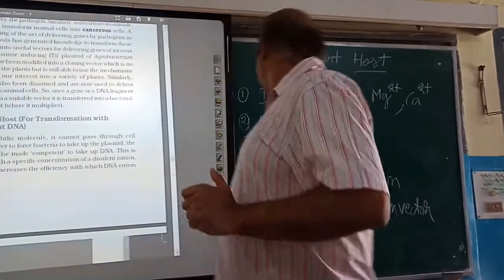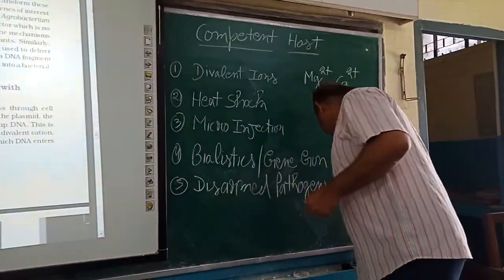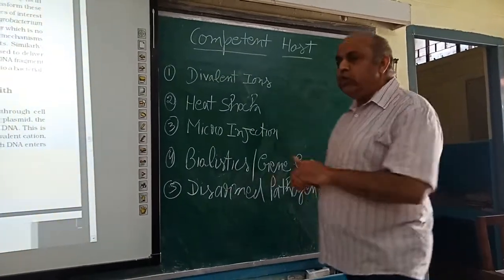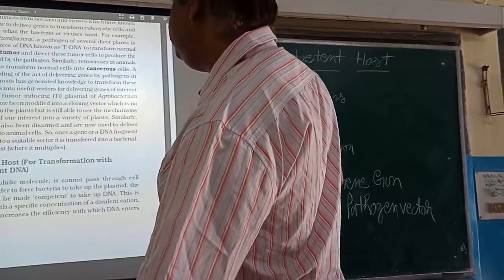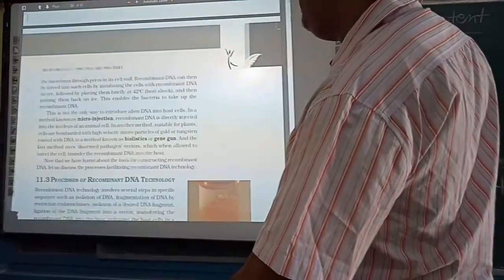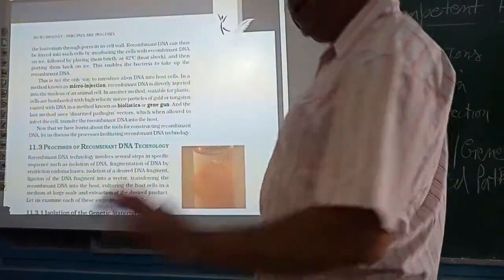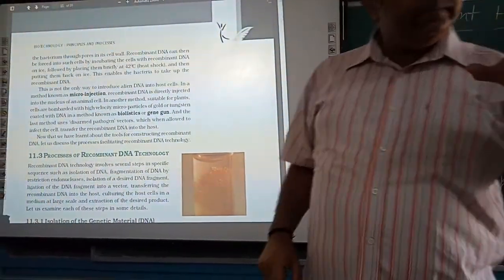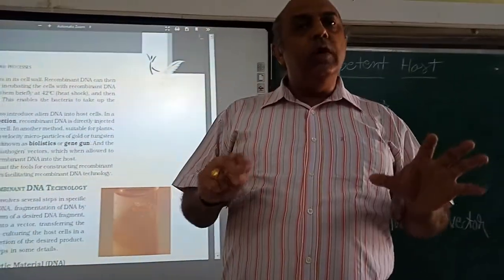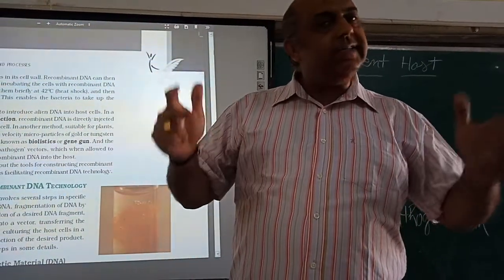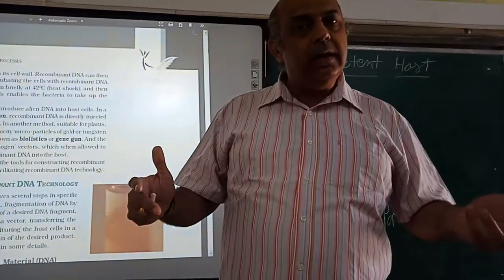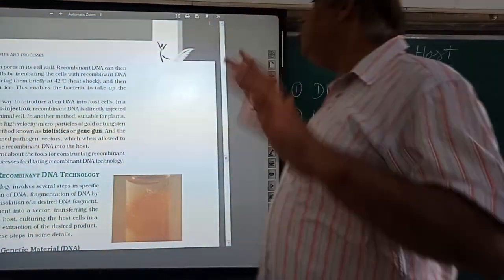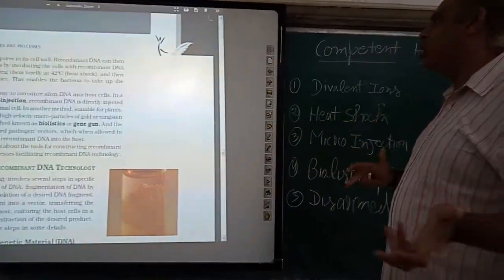The next way is heat shock. In heat shock, we use a different type of method, in which first of all we take a test tube. In that test tube we add the bacteria, plant cell, or animal cell to be transformed and the recombinant molecule. After that we do the procedure of heat shock.